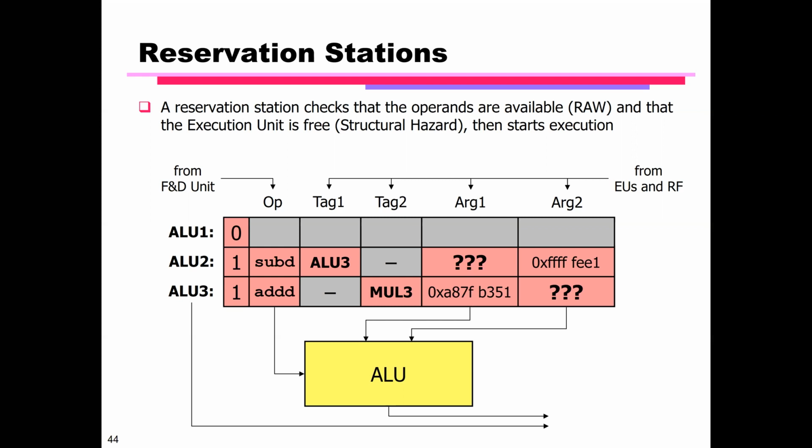At some point, when we were looking at our reservation station, I was saying, okay, we fetch and decode an instruction, and if there is no dependency, we take the value from the register file, which is easy. If there is a dependency, we put the tag of the instruction on which we have a dependency in the corresponding tag here in the reservation station.